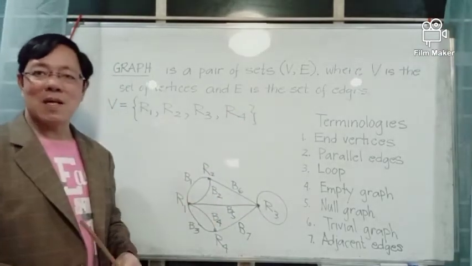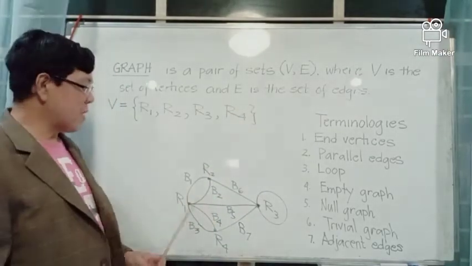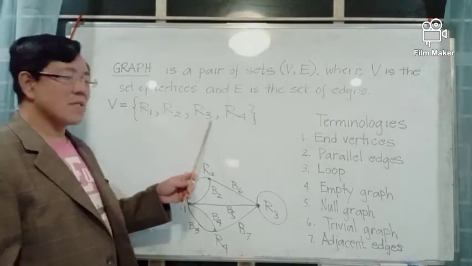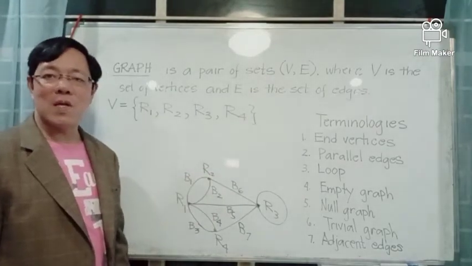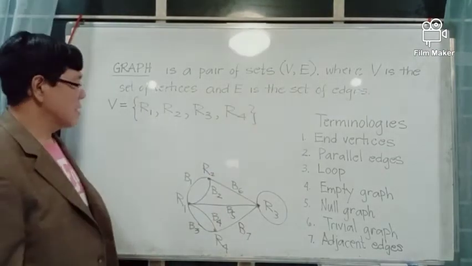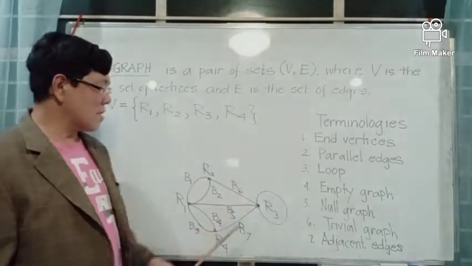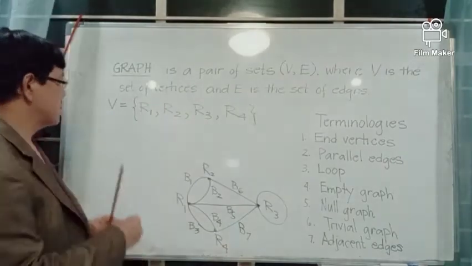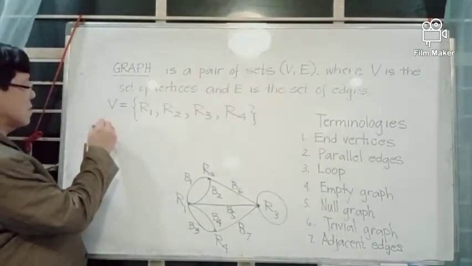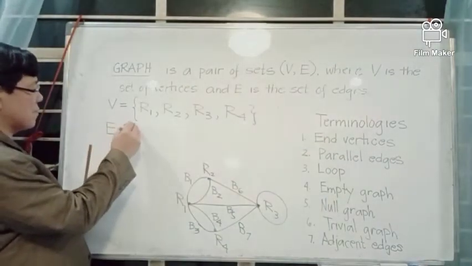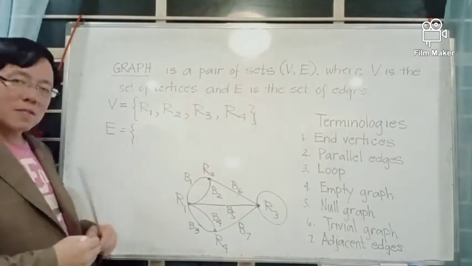You remember that in the Konigsberg bridge problem, these vertices represent the four land masses. And our set capital E, the set of edges for this graph, will consist of elements.